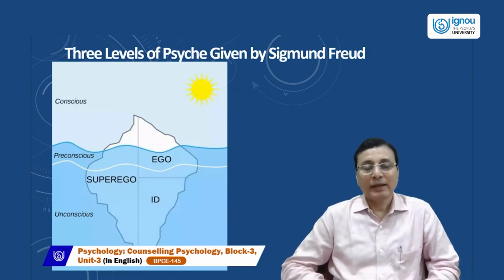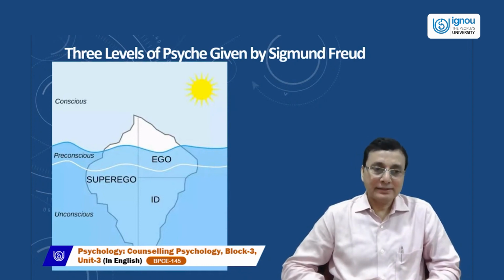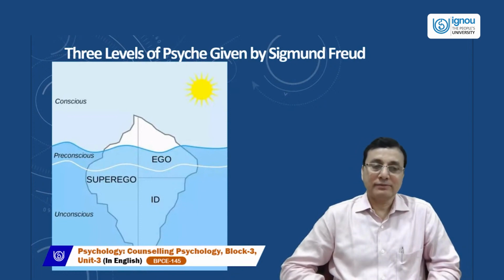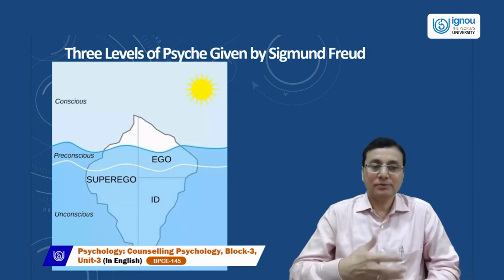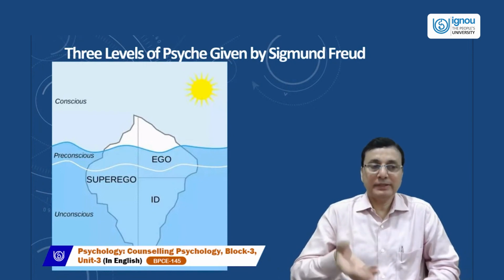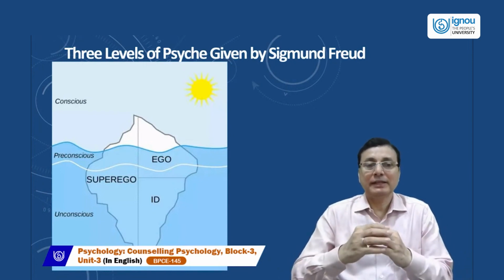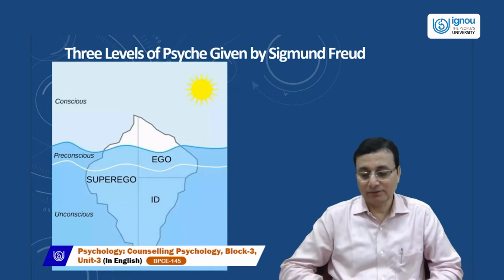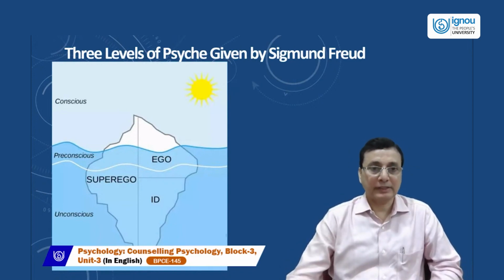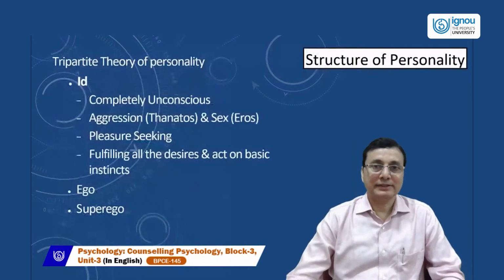The main job of the ego is to manage the conflict between the superego and the id. When desires from the id try to come to consciousness and reach the subconscious level, they threaten the ego, so the ego tries to manage between the two. Let us see this in detail in further slides.